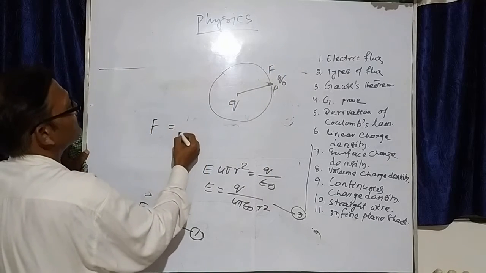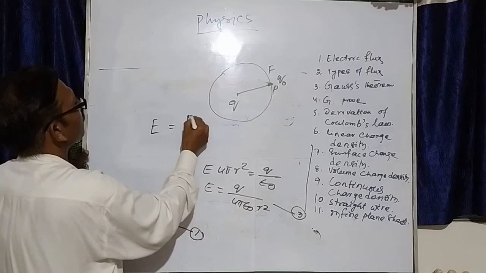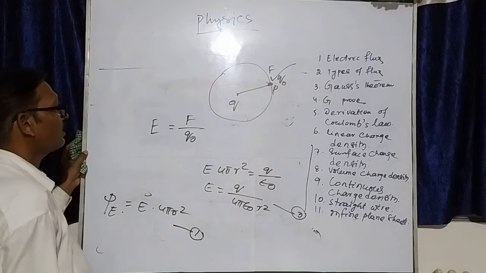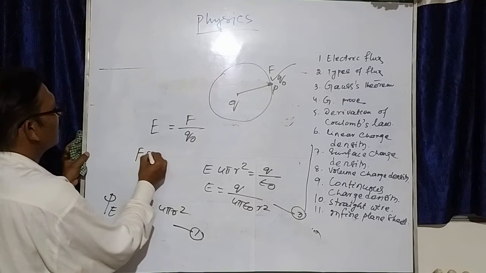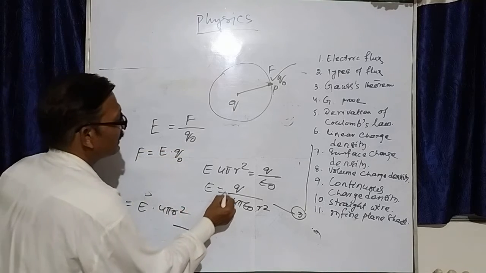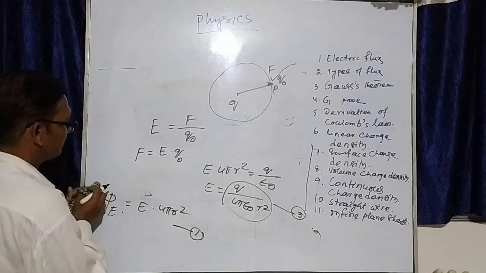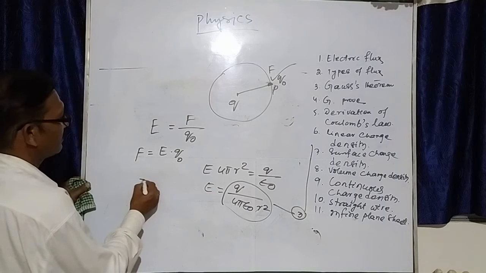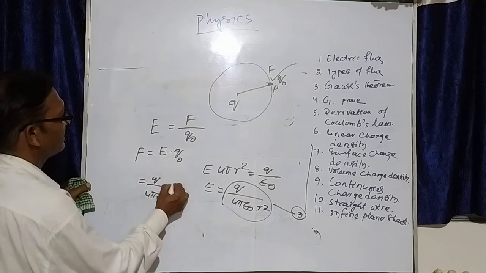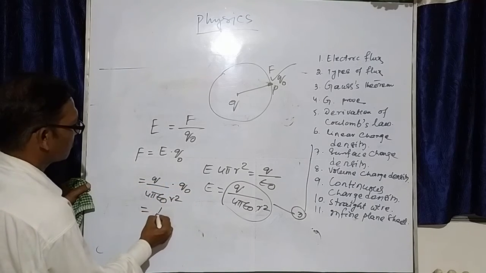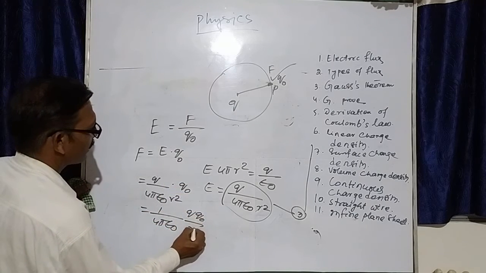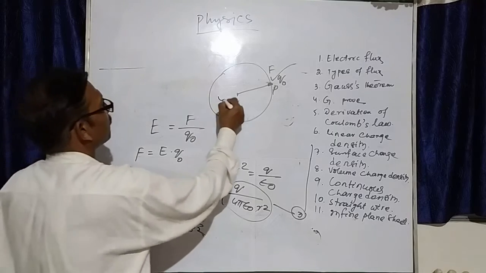Electric field is equal to force per unit charge, so force is equal to E Q0. Now E is equal to Q by 4 pi epsilon 0 r square. You put it here, so force is equal to Q by 4 pi epsilon 0 r square into Q0. This is equal to 1 by 4 pi epsilon 0 Q Q0 by r square. This is the force between Q and Q0.